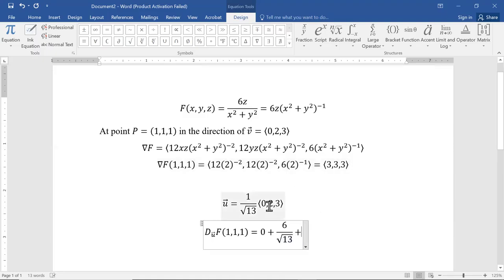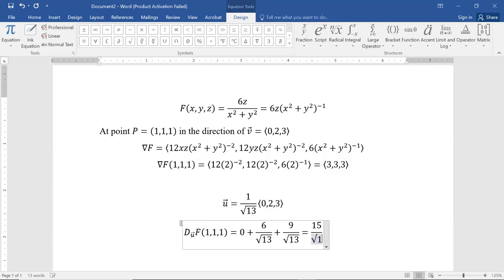And then 3 times 3 over square root of 13 gives me 9 over the square root of 13. Six plus 9 is 15, so 15 divided by the square root of 13.